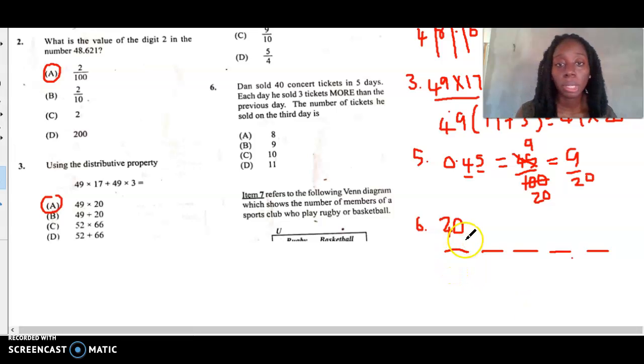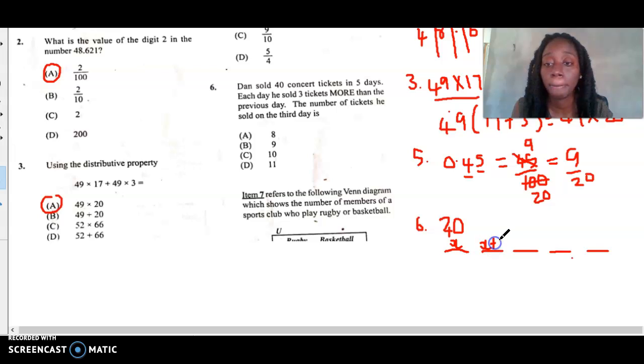On day 1, we don't know how much he sold, so I'm just going to call that X. But what I do know in addition is that each day he sold 3 more than the previous day. So on day two he would have sold 3 more, so that's X plus 3.